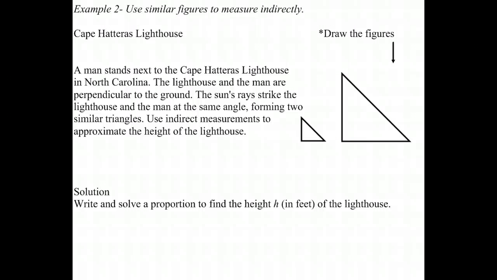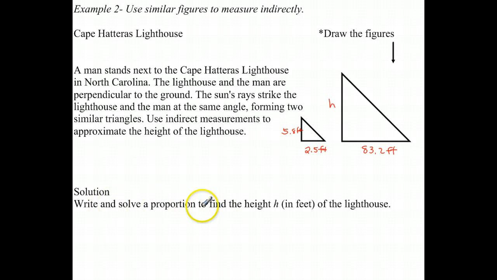We obviously need to know some information to figure out what the height of the lighthouse is. The height of the lighthouse is what we're trying to find. The length of the shadow is going to be 83.2 feet. We also would need to know the height of the man because that would correspond. We're going to get that as 5.8 feet. And the length of his shadow, 2.5 feet.